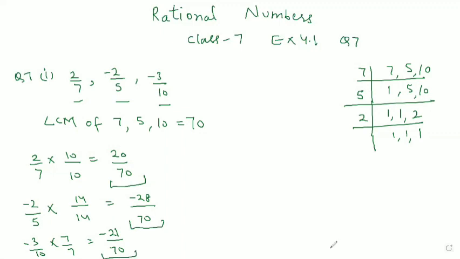Now compare. As we can see, in negative terms, the smaller the number, the bigger the value is, and the larger the number, the smaller the value is.